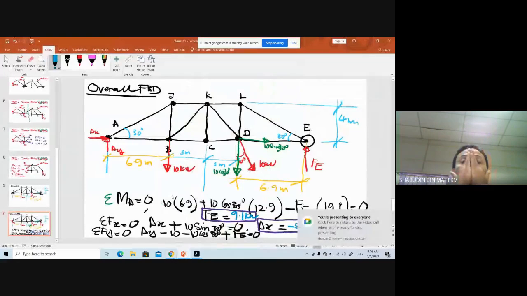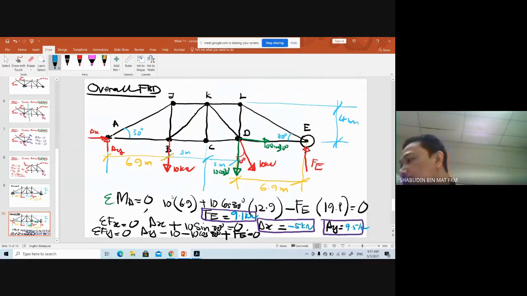Okay, I give you another few minutes. The question asks you to get forces in where? Forces in JK, KB, and BC.